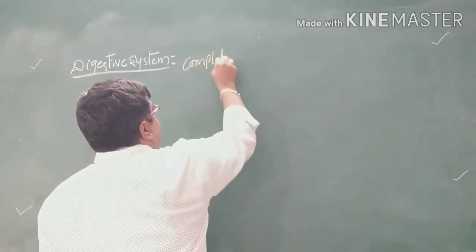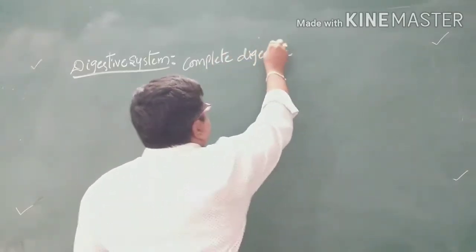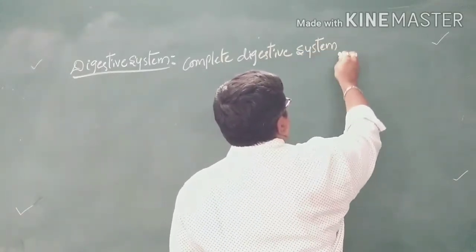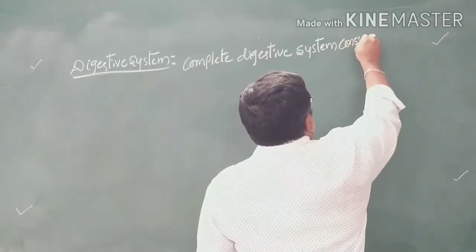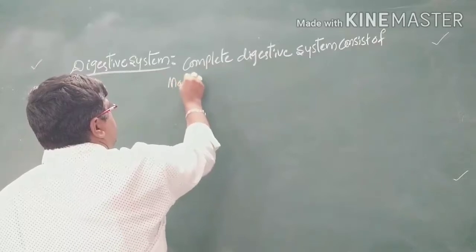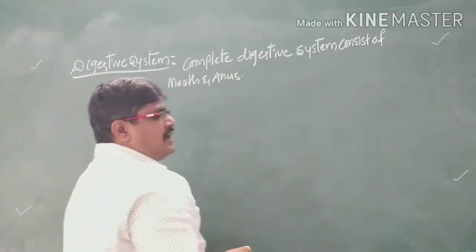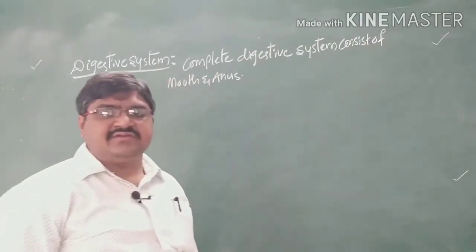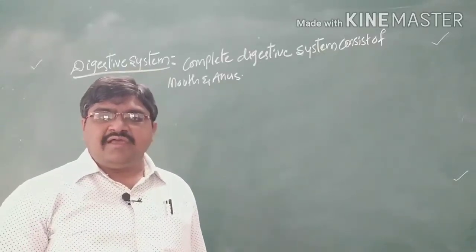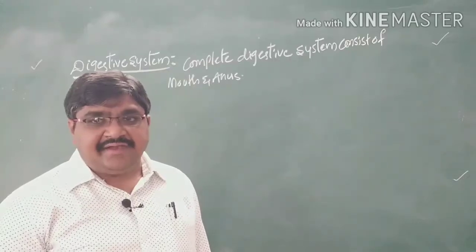A complete digestive system consists of a mouth and anus. So here we have two openings. One opening is called the mouth, and the other opening is called the anus.